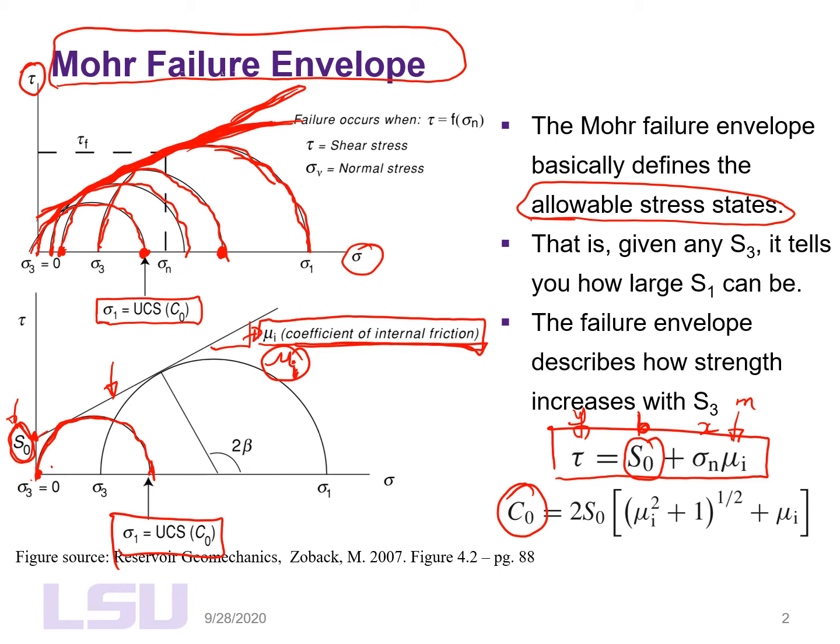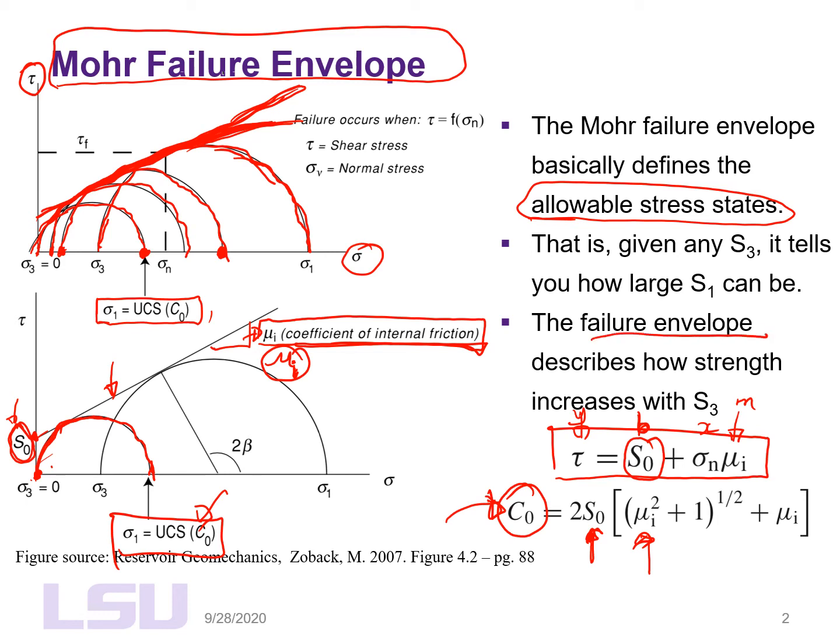And that equation is right here. And you can see it's a function of the SO and the coefficient of internal friction. You can also find it geometrically, like I said, keep drawing circles starting from this that will touch this line and also touch the origin, and you will get UCS that way. So given SO and the slope of the line, you can mathematically obtain UCS.